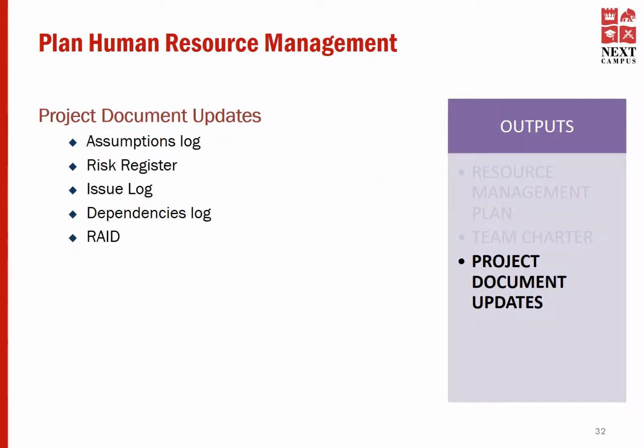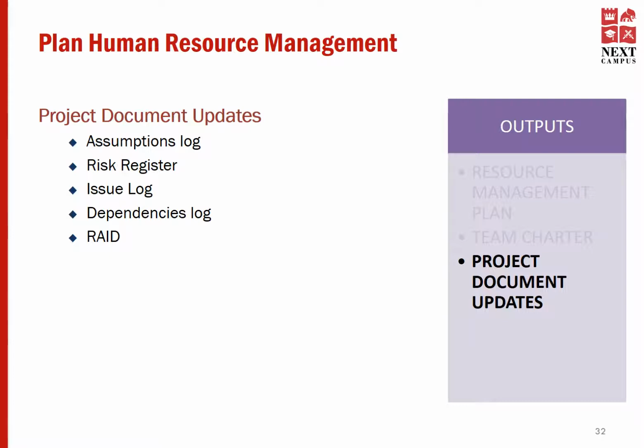Another output of the plan human resource management process is project document updates. At the end of the planning of human resources, there are various documents that are updated by the project manager or the resource manager. We're going to list down five of them and have a brief discussion about them. The first one is the assumption log.